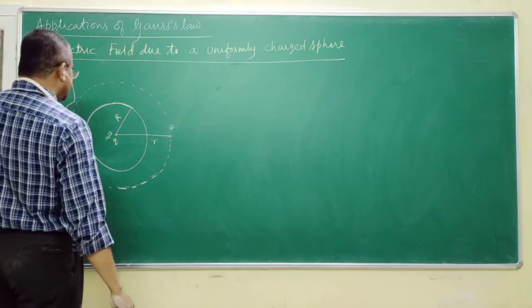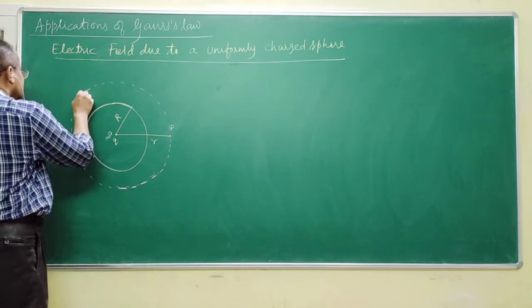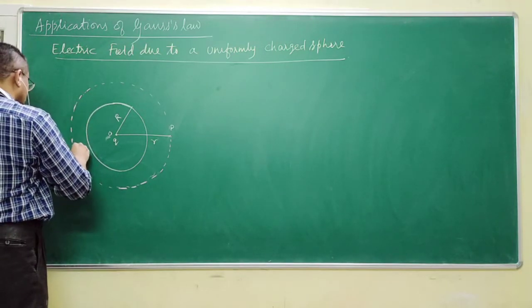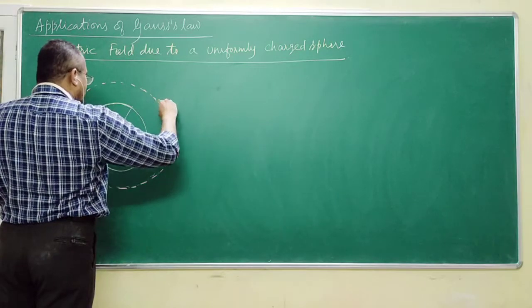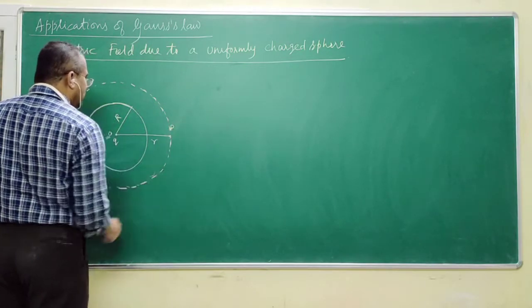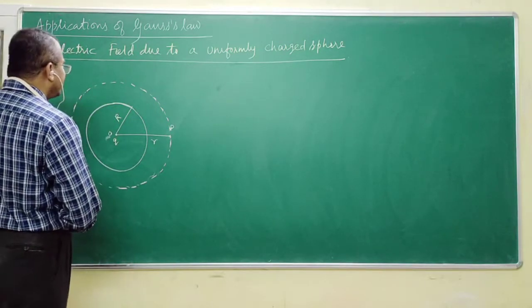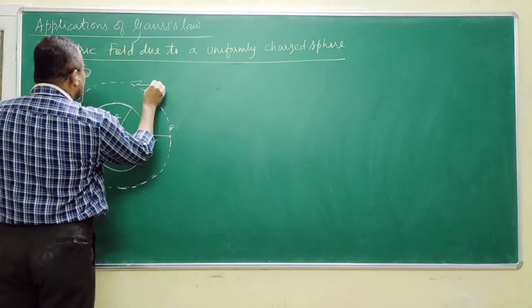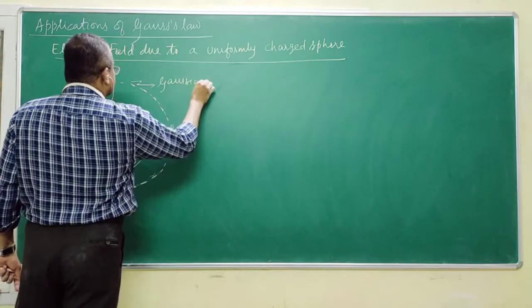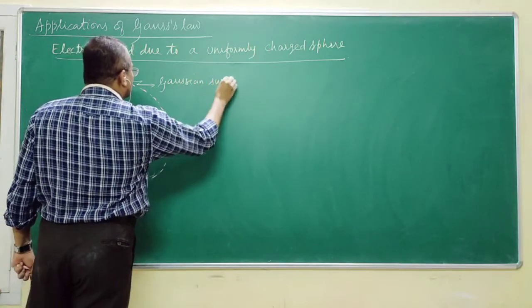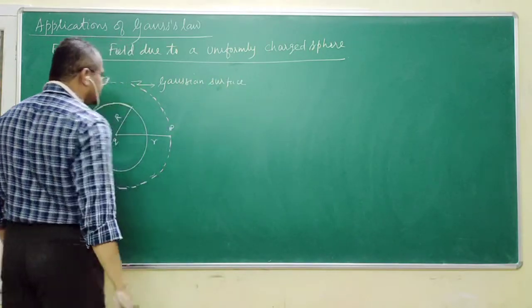I have constructed an imaginary surface such that it passes through the point P where I want to find out electric field intensity. I call this surface a Gaussian surface.